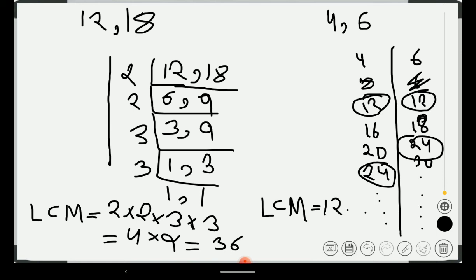Let's take another example of LCM. Let's take 17 and 19. So when the two numbers given to you are prime numbers, then you don't need to find their LCM. Just multiply those two prime numbers and you will get the answer. I will show you the proof also. Okay.